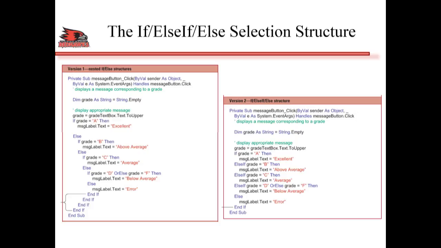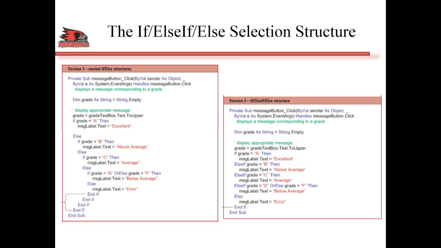Or if it's not A, B, or C, then go to the next else, and it again checks if grade is D, or else grade equals F, then the message label says below average. And if it's none of these, then the final else gives you an error statement.